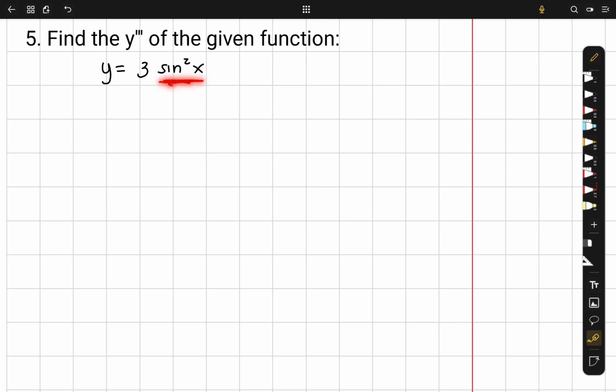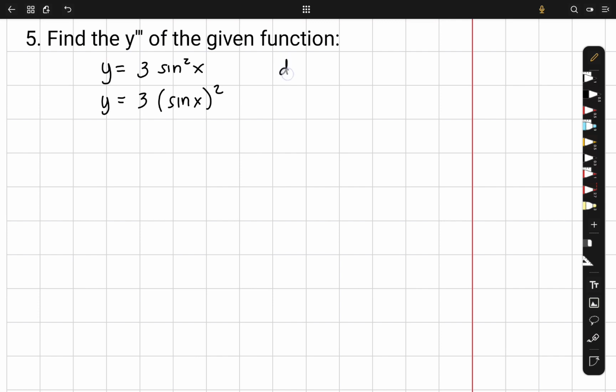So this one can be rewritten as y is equal to 3 parenthesis sine x raised to 2. So pwede na natin siyang i-derivative. So yung kukunin natin is yung ating third derivative.